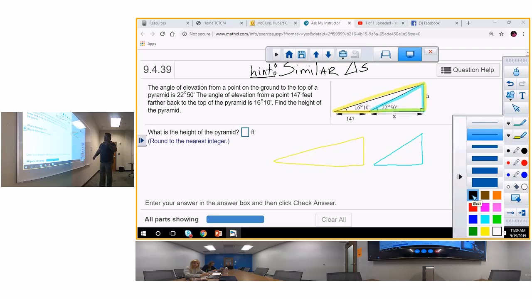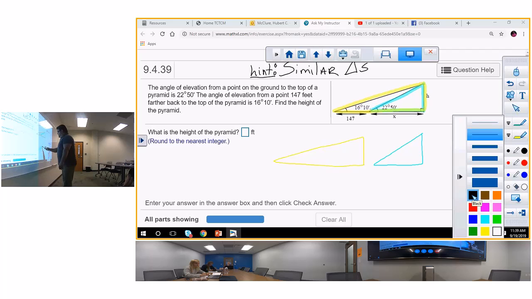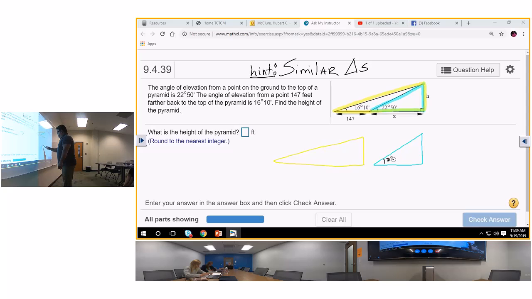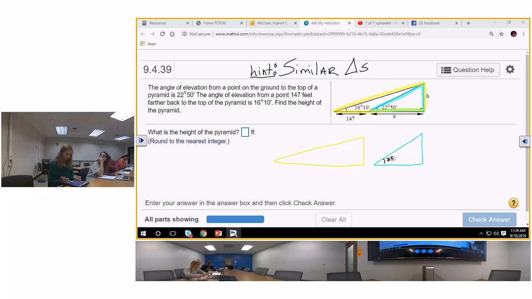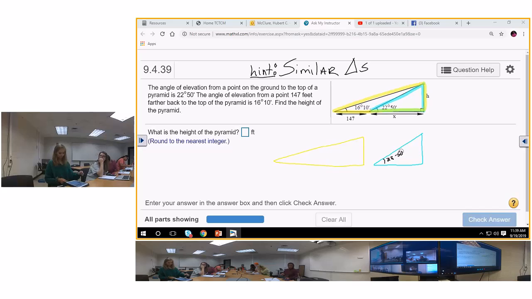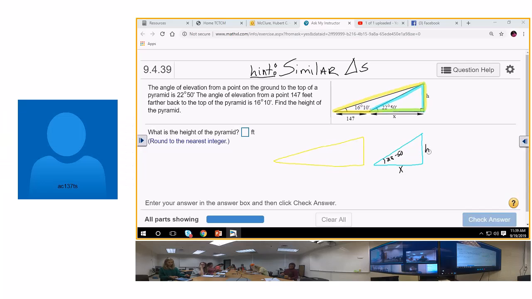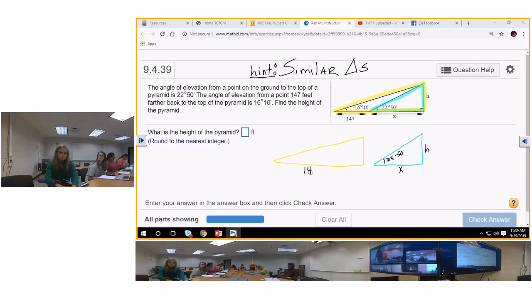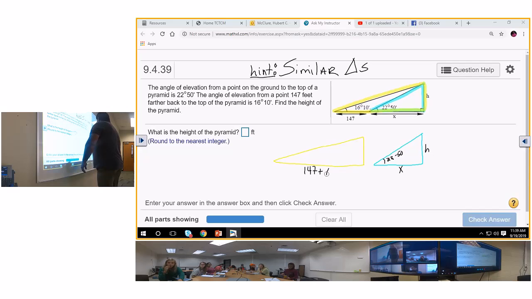Okay, now let's fill in the blanks. 22 degrees 50 seconds. And X and H. 147 plus X, H, and 16 degrees 10 seconds.